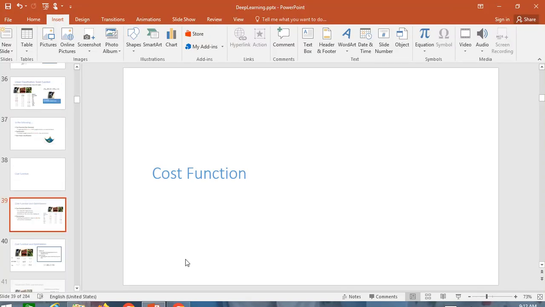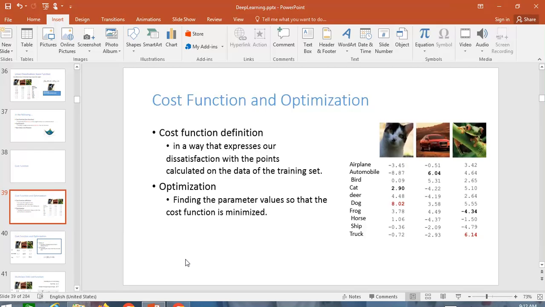The cost function does that for us. We give it the matrix W. If W is not good, the cost function will produce a bad number. That is, it produces a large number that says the cost of this W is high. And on the contrary, if W is good, the cost function produces a good number. That is, it produces a small number that says the cost of this W is low.